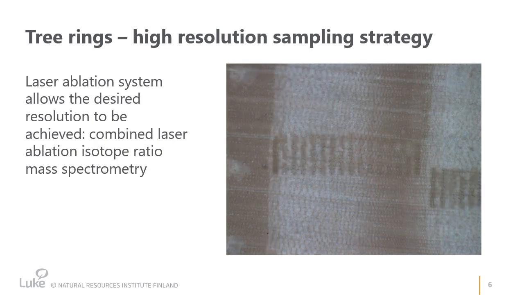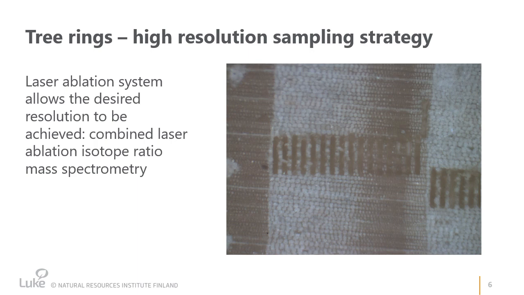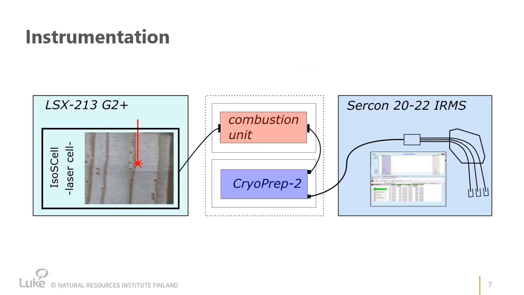So in this case, you can see the ablation lines on the same ring. So instead of having the 1 or 2 data points, we will get 17 data points for this one yearly growth.